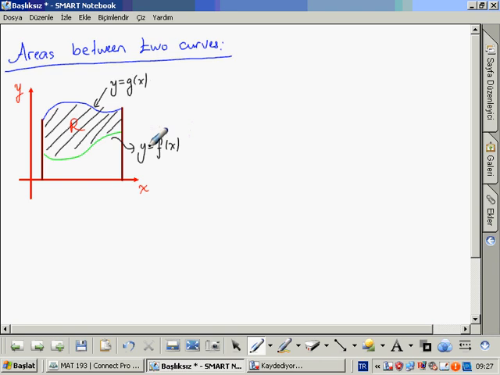of x. And then suppose that the plane region R is bounded by the graphs of two continuous functions, as you see, g of x and f of x, and the vertical straight lines x equals a and x equals b, as shown in that figure. We assume that a is less than b and f of x is less than or equal to g of x on this closed interval.